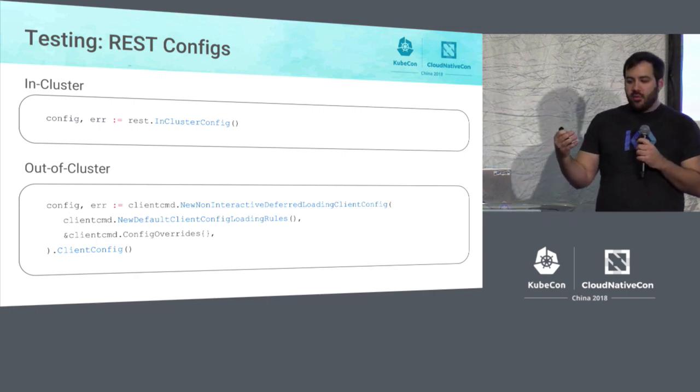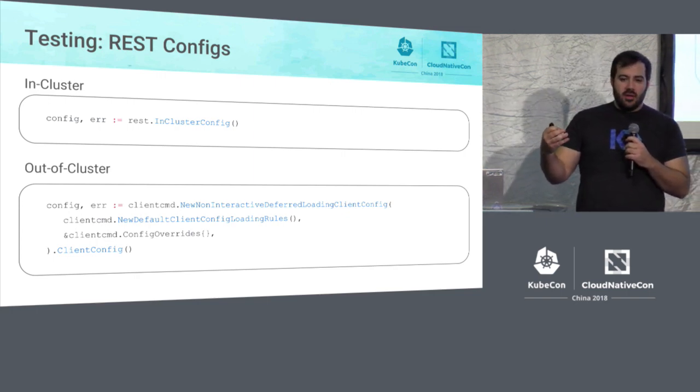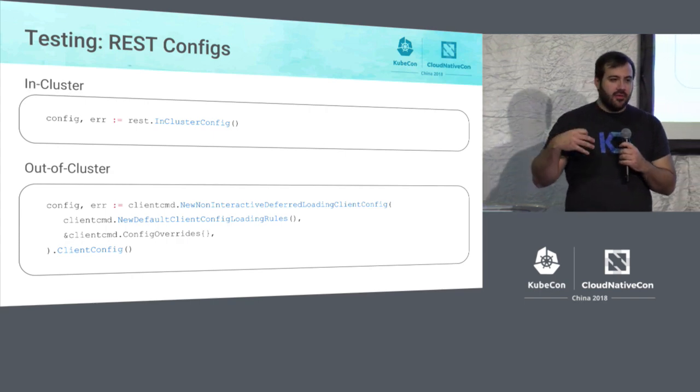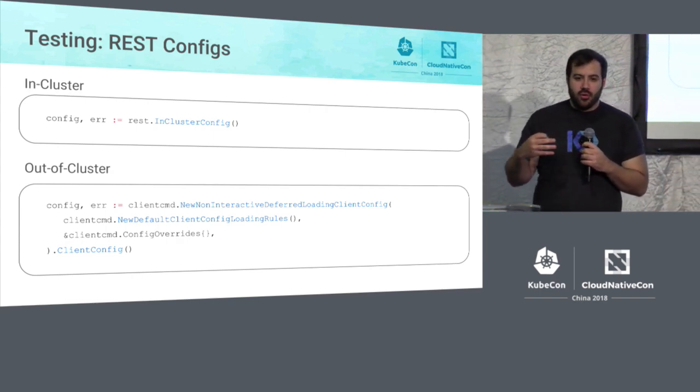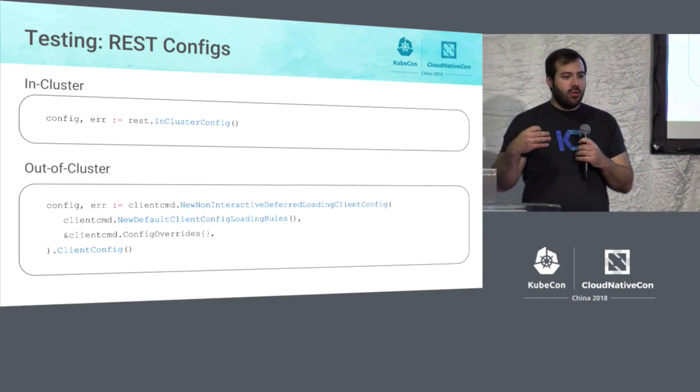What we found is that we like to use clients outside of the cluster as well. So if you want to run, for example, a controller on your laptop, you have to use your local context to instantiate that controller. The second snippet is how we do that. If you're running inside the cluster, it will use your in-cluster config. And if you're running outside the cluster, it will use your local kubectl context.